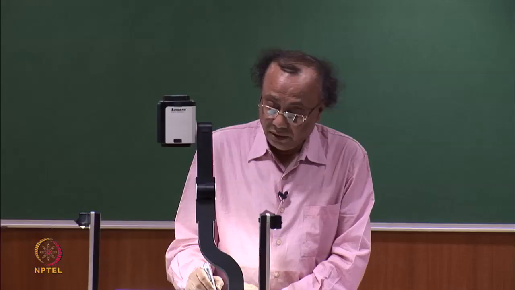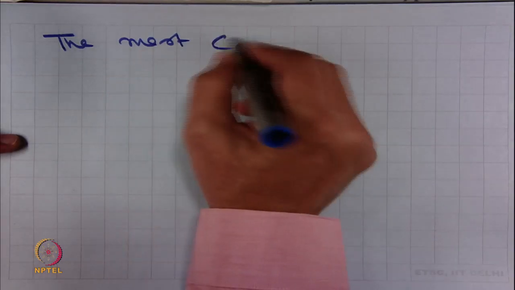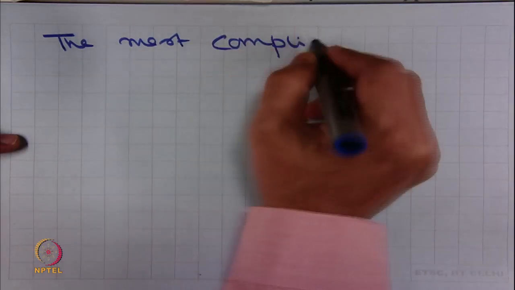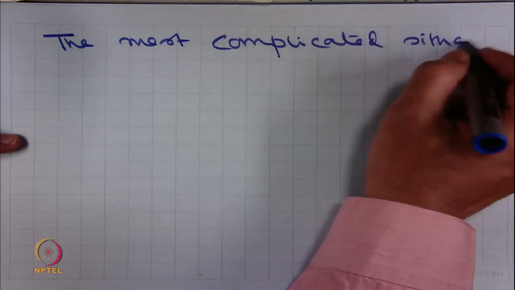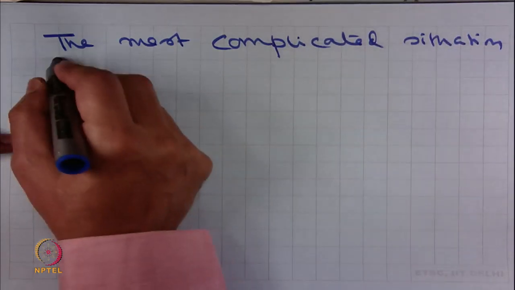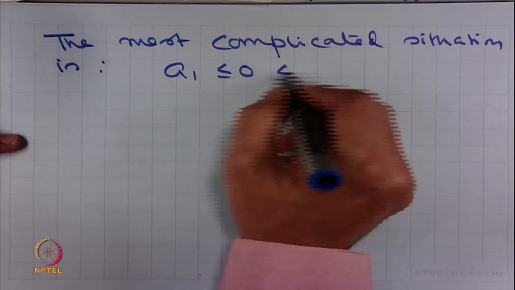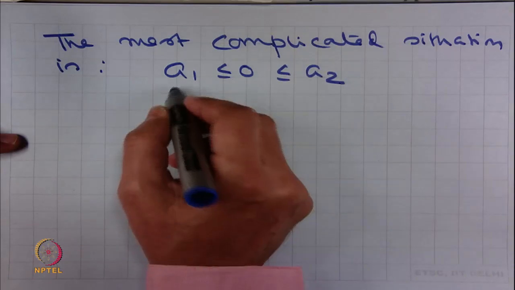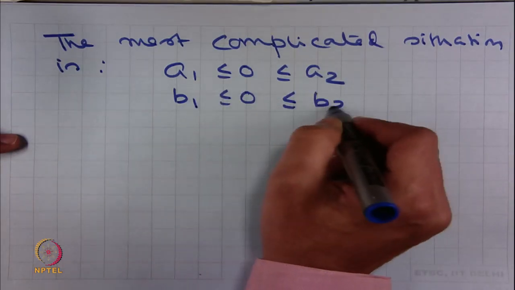Therefore, the most complicated situation is when a1 less than or equal to 0 less than or equal to a2 and b1 less than or equal to 0 less than or equal to b2.